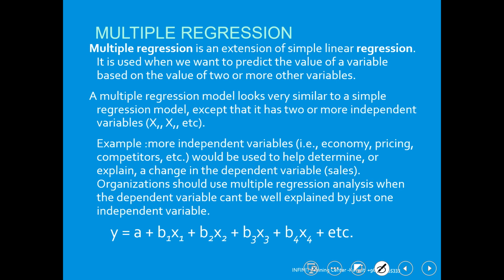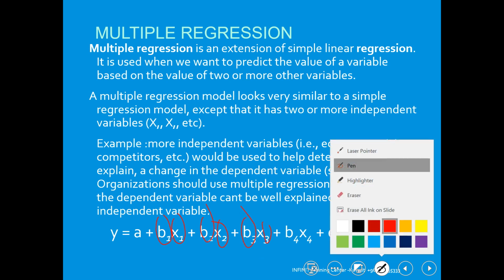So in multiple regression, we will take X1, X2, X3 and X4 up to Xn. These are all different factors. Maybe inflation, taste of the people, economy, everything is going to impact the sales. And their relationship also should be there for each of the values.